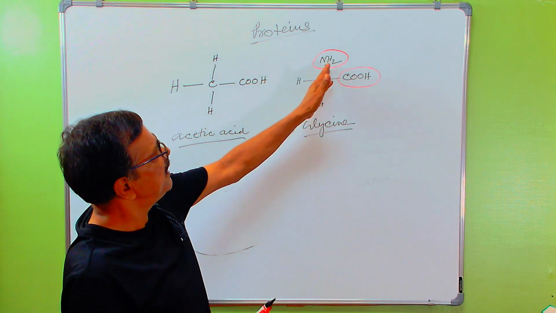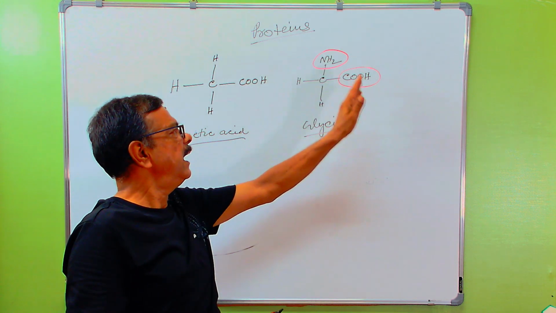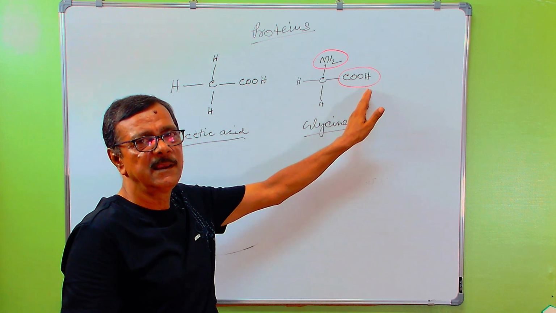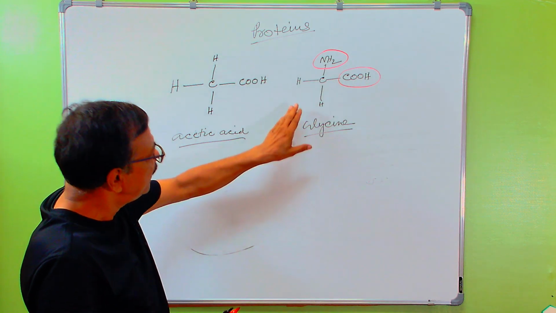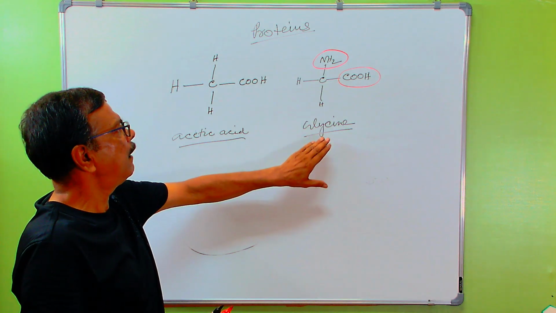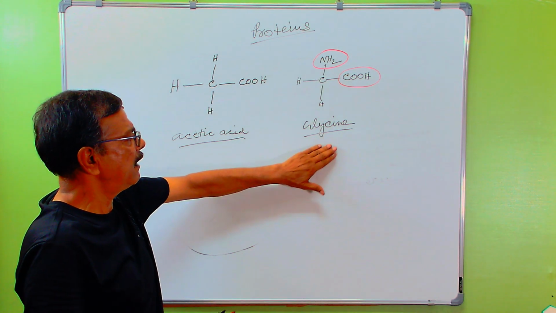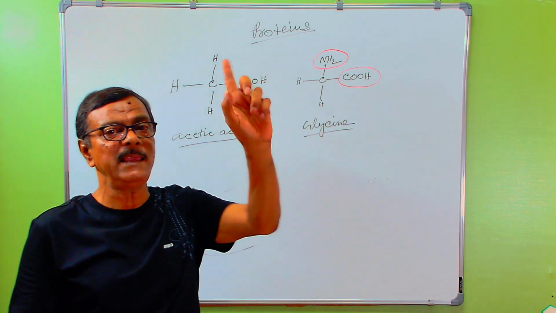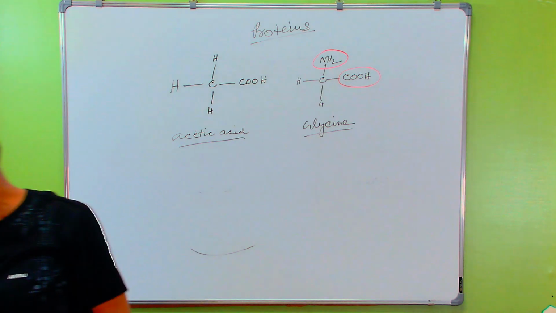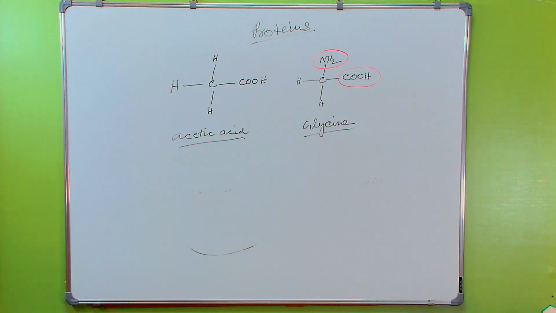So the amino group is basic in nature and the carboxyl group is acidic in nature. So in this amino acid, one of the hydrogen atoms is replaced by NH2, the amino group.